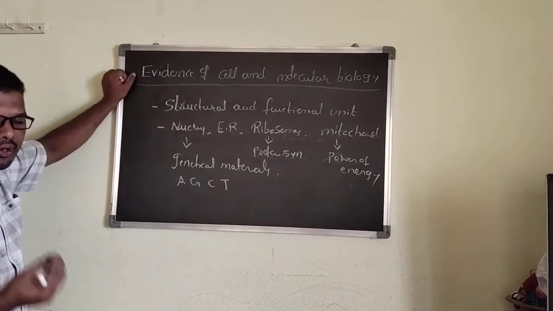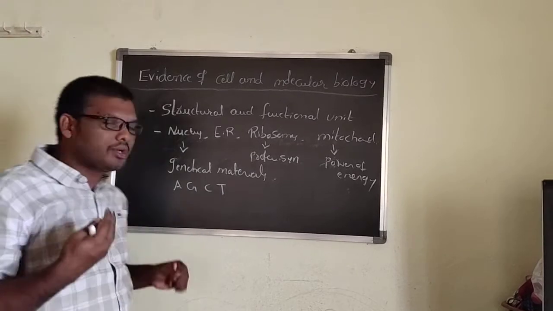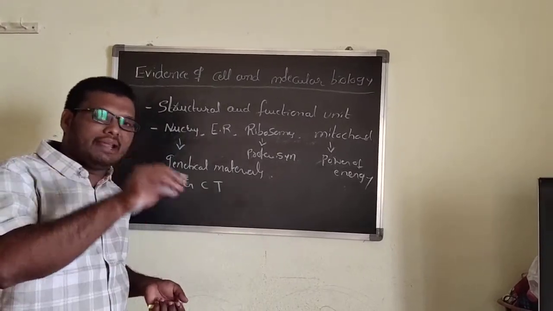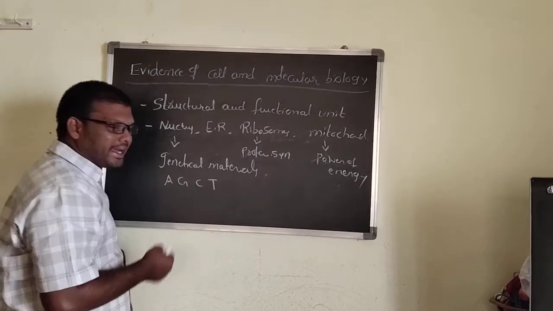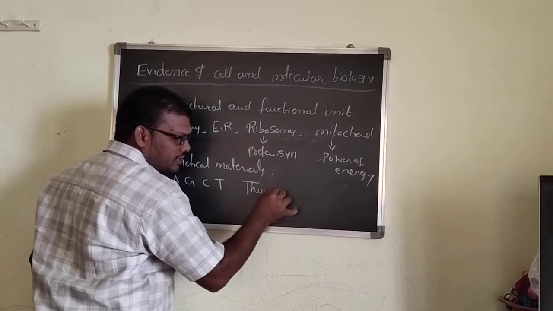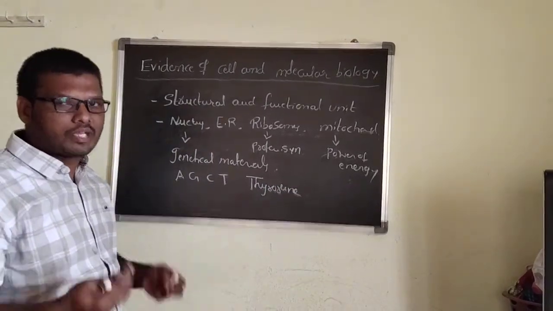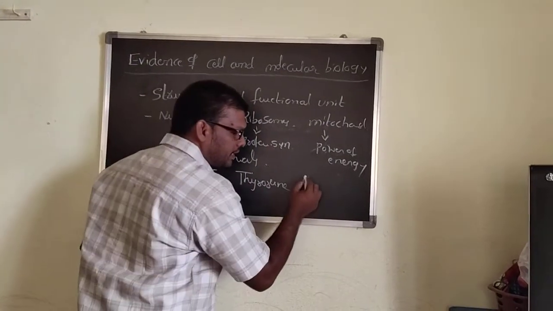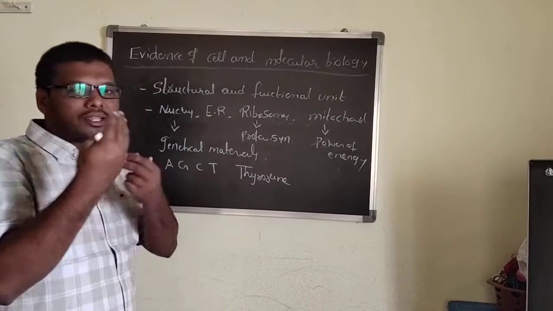And if you observe the proteins, the enzymes, the hormones, the function is the same for every living organism. For example, take the hormone thyroxine. Thyroxine hormone is released from the thyroid gland. Suppose in amphibians, from a frog, I remove the thyroid gland.